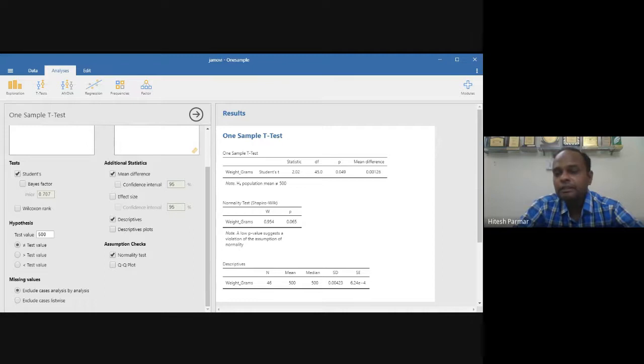Any question from this test? Anyone? We discussed two types of t-tests, independent sample and one sample. If you have any question, any doubt, please ask.